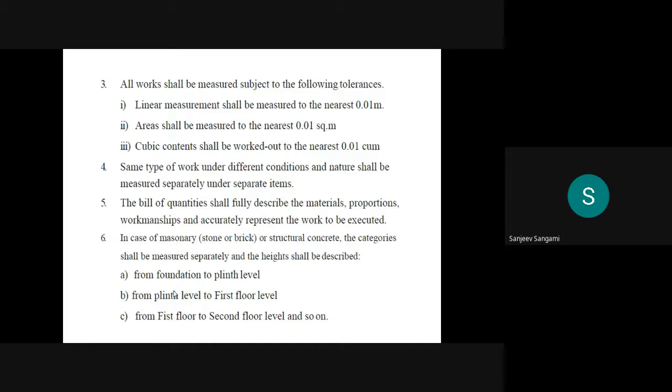In the first class, maybe in the third class, we solved one problem for a single-room building, and the second, a two-room building, that we solved using the long wall and short wall method and the central line method. The second problem I have not solved using the central line method, so anyhow, I will supply that solution using the central line method.